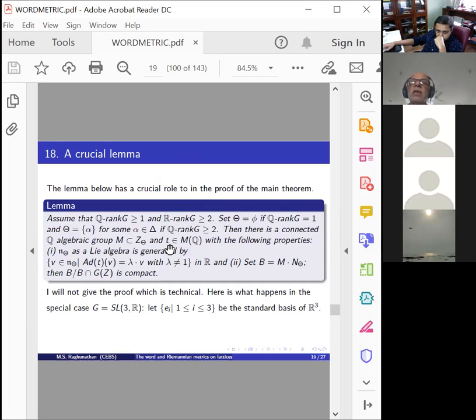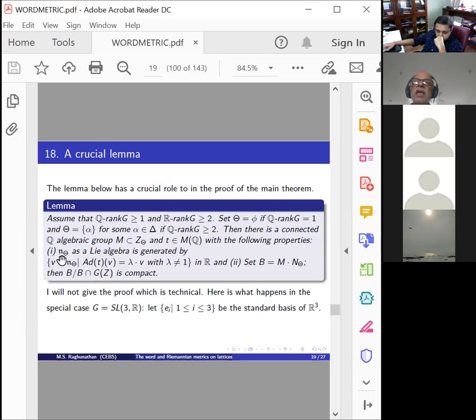When the Q-rank is 1, I'm looking simply at the minimal parabolic group. That is, delta itself is a singleton set, and I'm looking essentially at Z_T times N. In that situation, if these assumptions are made, then there's a connected Q-algebraic subgroup M in Z_theta and an element T in M_Q with the following properties.